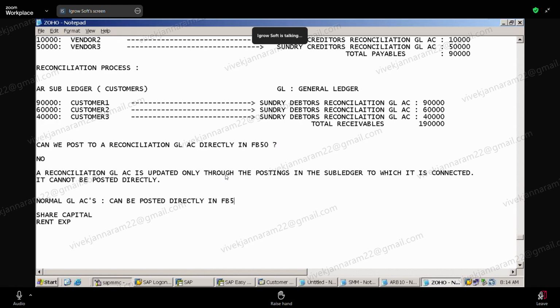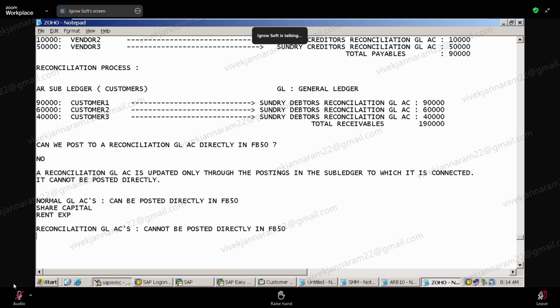We have done it so many times. But now we are talking about reconciliation GLs. These GL accounts cannot be posted directly in FB50.